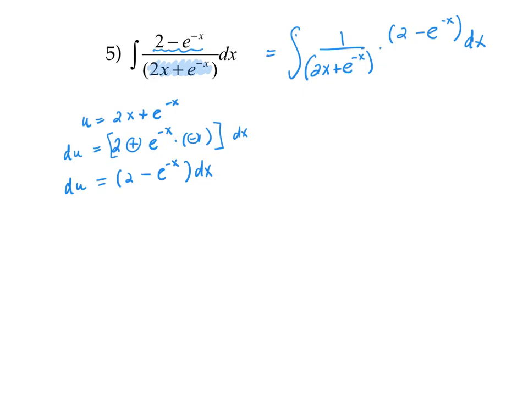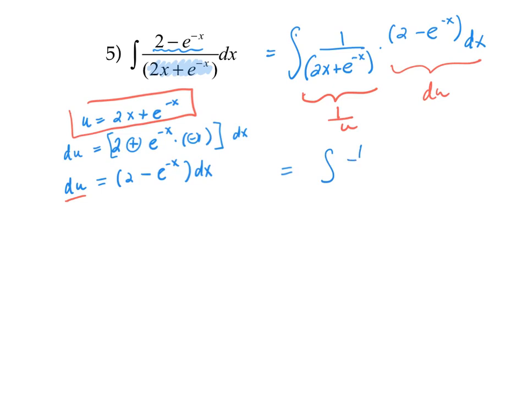Again, looking at our substitutions, this would become 1 over u, because u we set equal to that denominator, and then 2 minus e to the negative x dx, that's our du. So when we rewrite it, we have the antiderivative of 1 over u du.